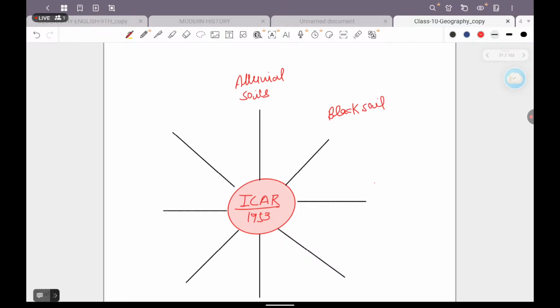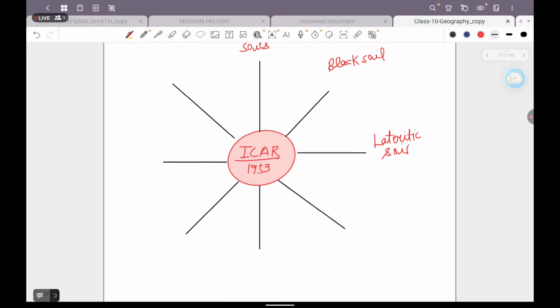Third is the lateritic soil, and the fourth is the arid and desert soil.